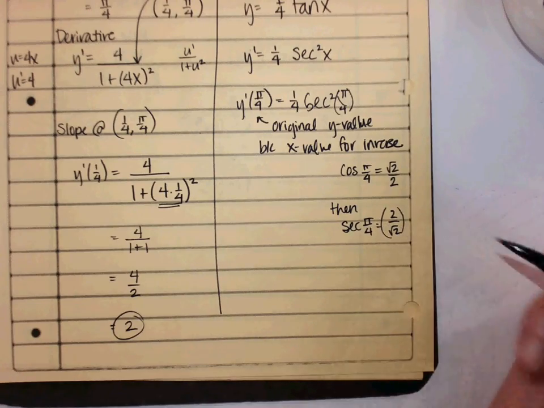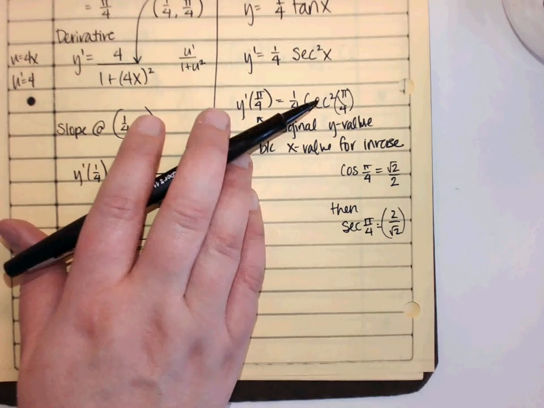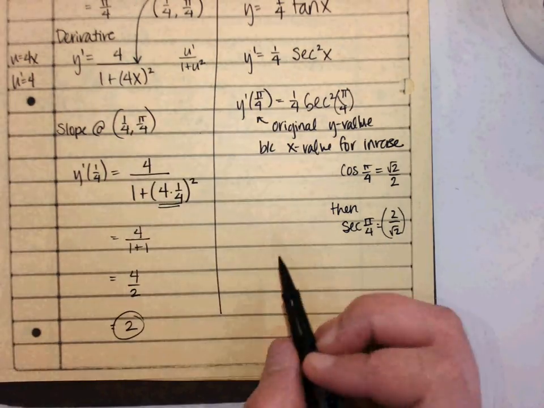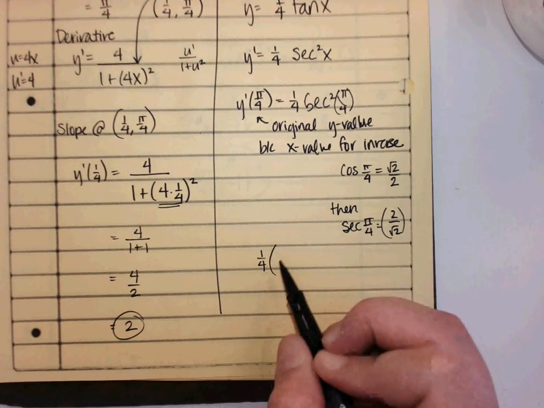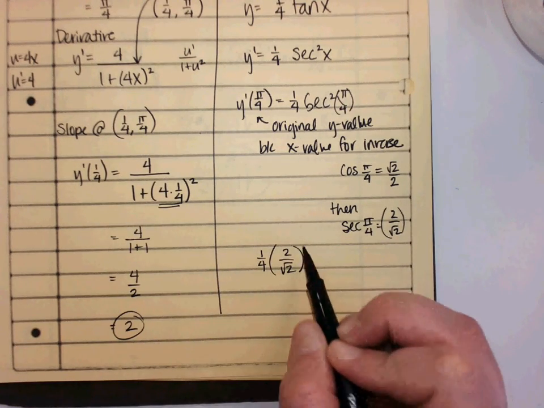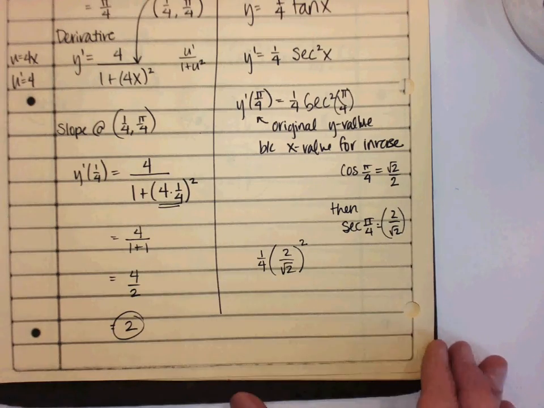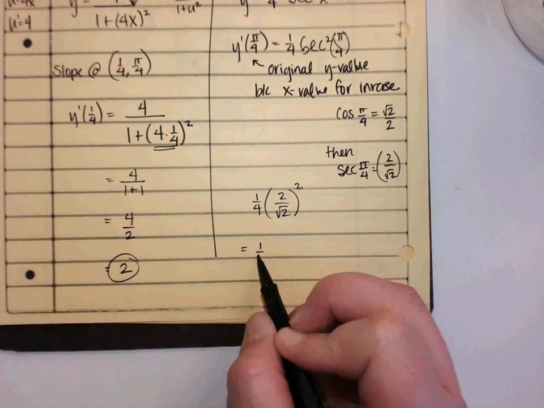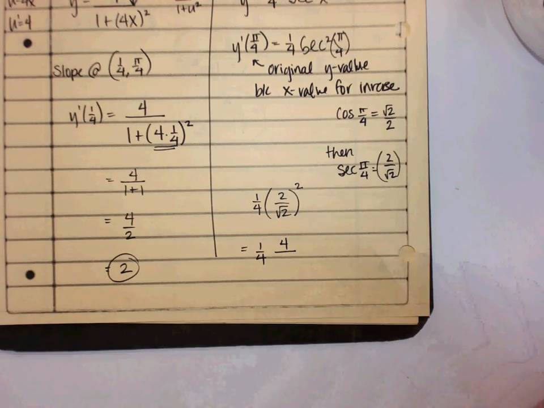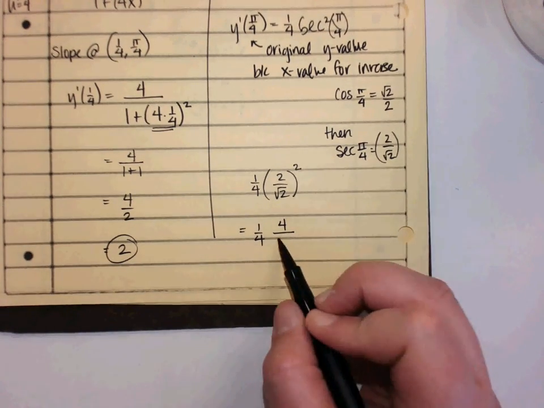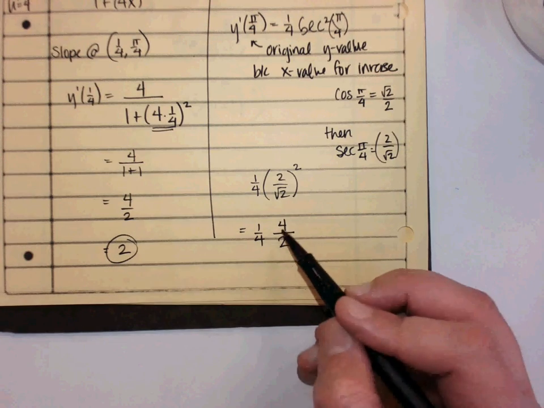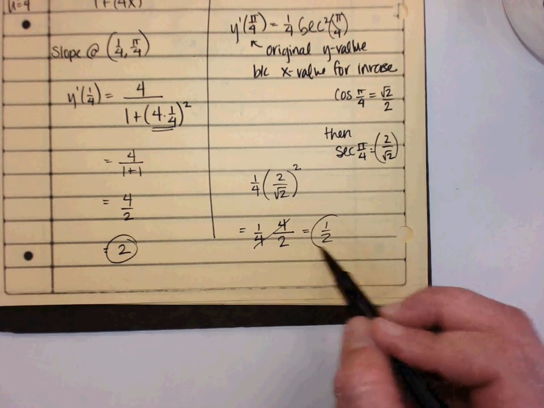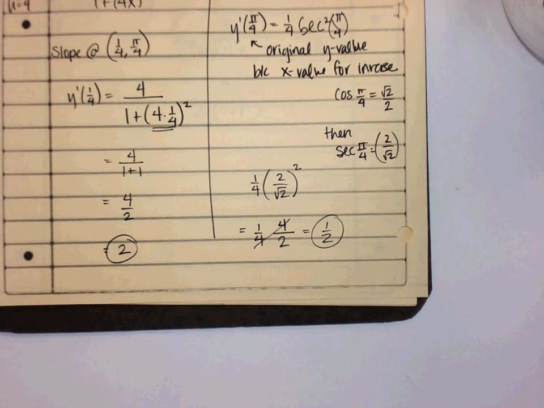And then what am I going to need to plug that into? It's going to be squared. So I'll have a fourth secant squared. 2 squared on the top, what do I get? 4. What's root 2 squared on the bottom? 2. 4 is crossed out, what'd you get? Woo! We did it! Good job!